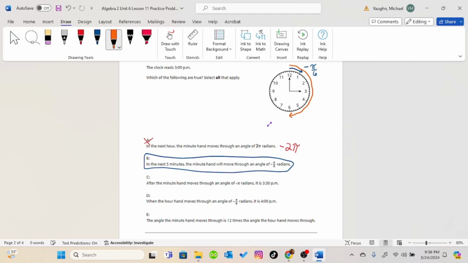So now the hand would be down here at the bottom. That's negative pi, and that would be 3:30 p.m. So C is a correct answer.